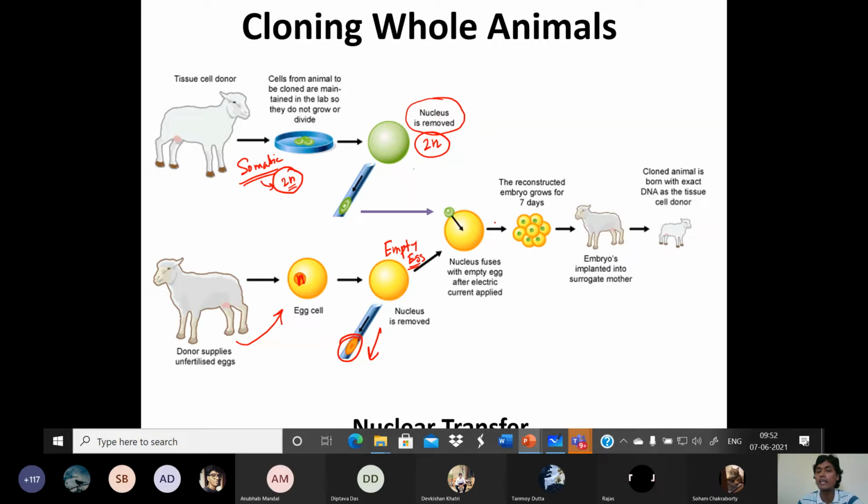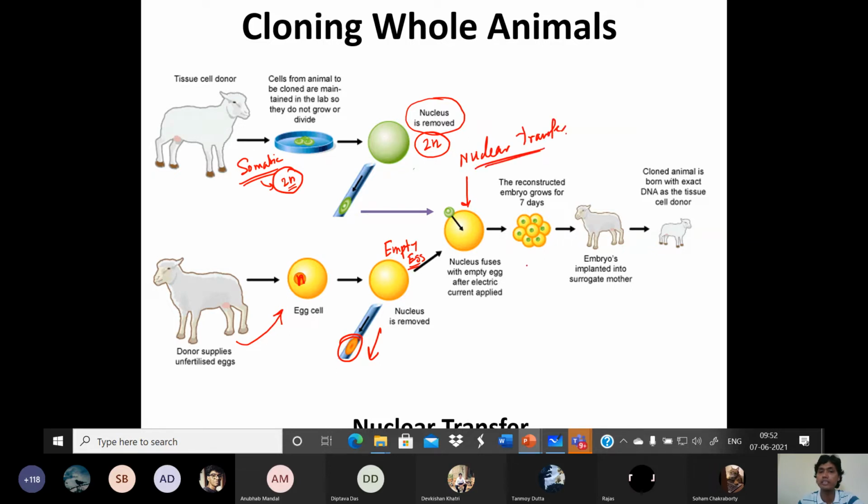Now see what scientists did. They put this nucleus, which has been isolated from some body cell and contains the full information, and fuse it with this empty egg. That's why this process is called nuclear transfer.